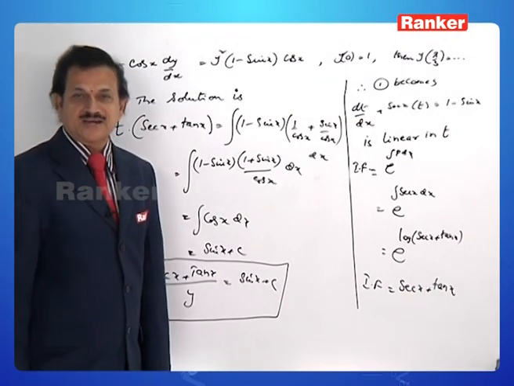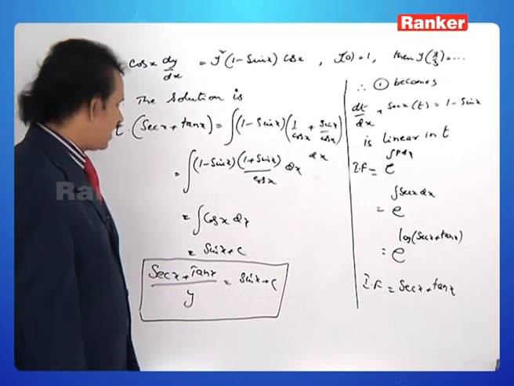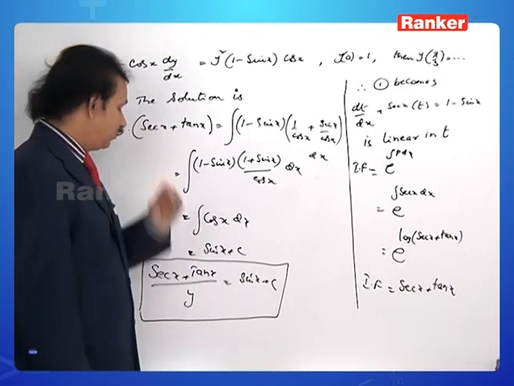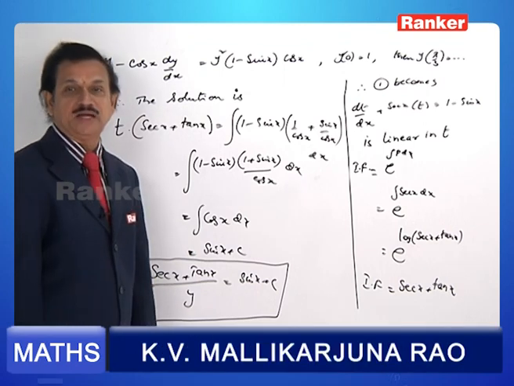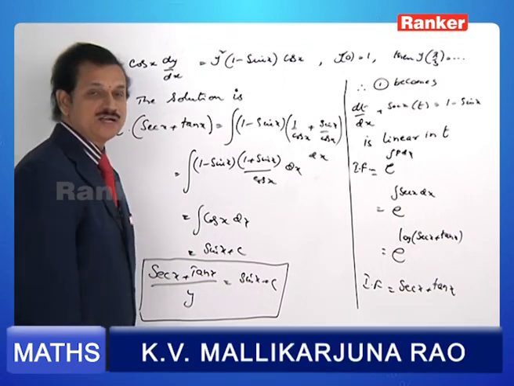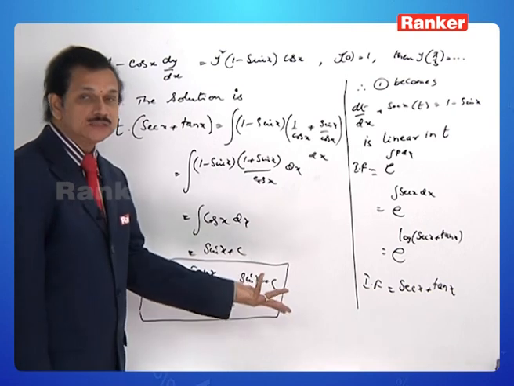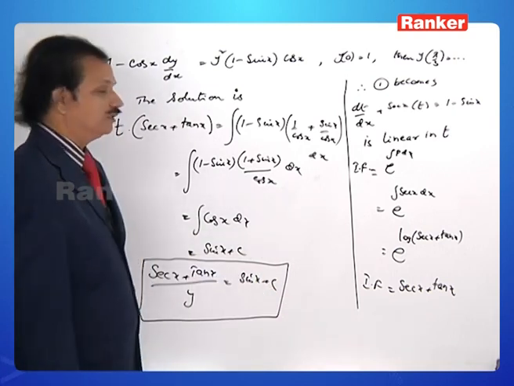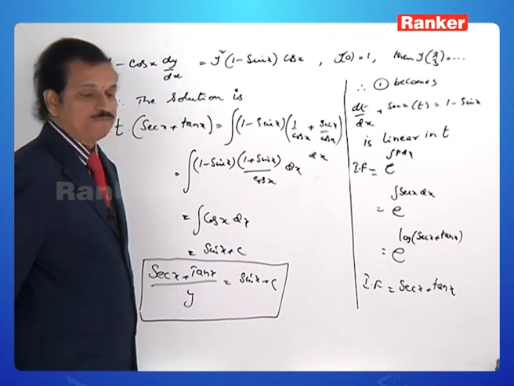But look at the question, my dear. We are not asked to have the general solution alone. It's not enough. We want to have y at pi by 3. And before that, we are to decide c also by making use of the information y at 0 is 1.